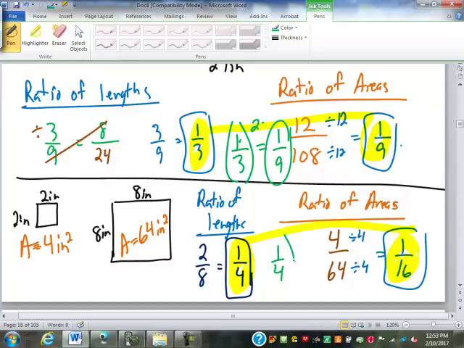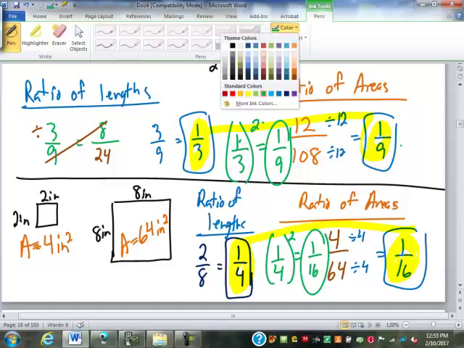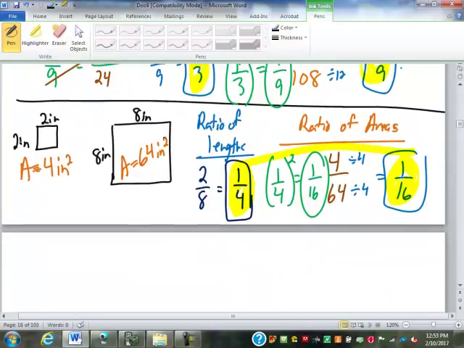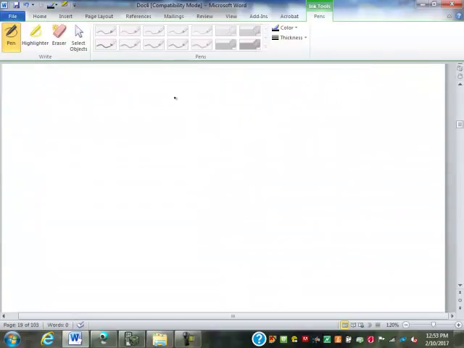I take 1/4 and I square it. 1 squared is 1, 4 squared is 16. The ratio of areas is the square of the ratio of lengths. So that means if I know the ratio of lengths, and I know one of the areas, I can find the other one.